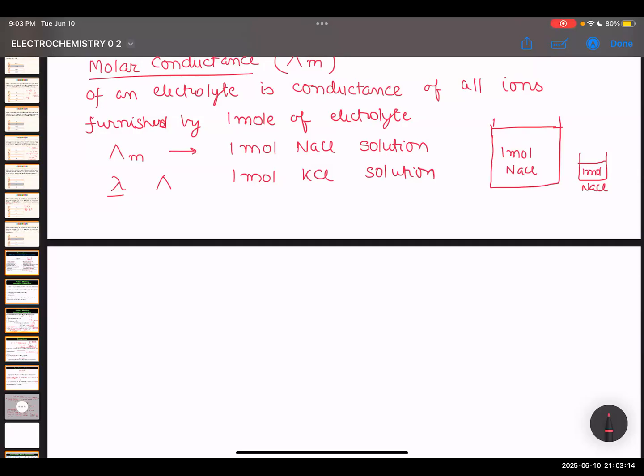Small solution, concentrated also. Okay. The concentrations are different.